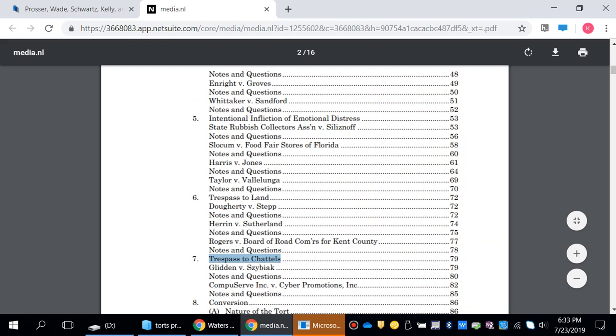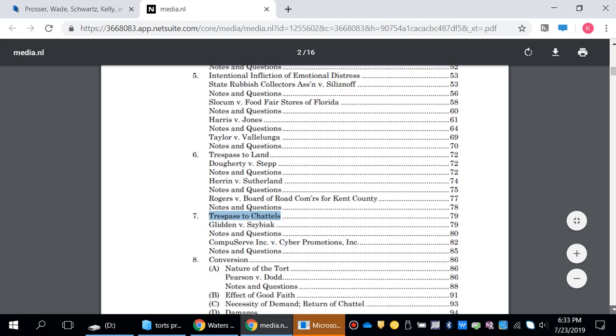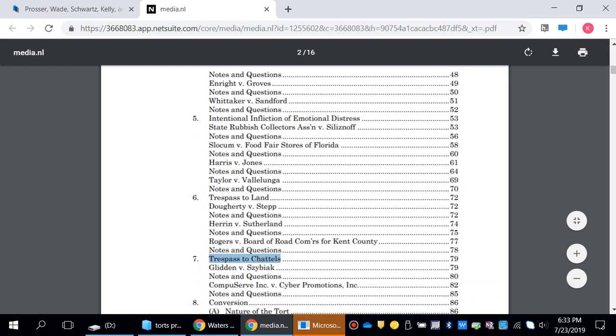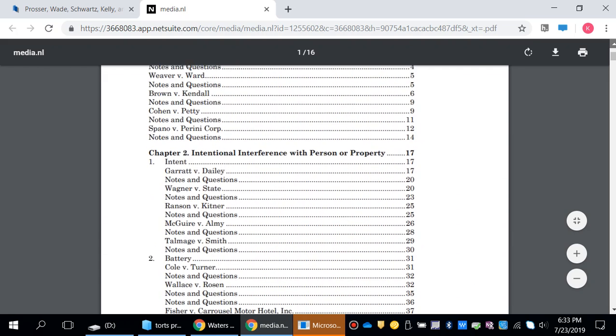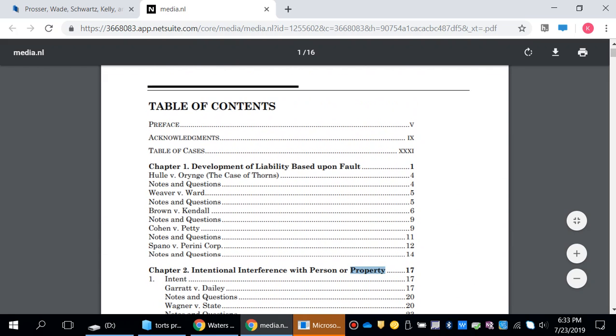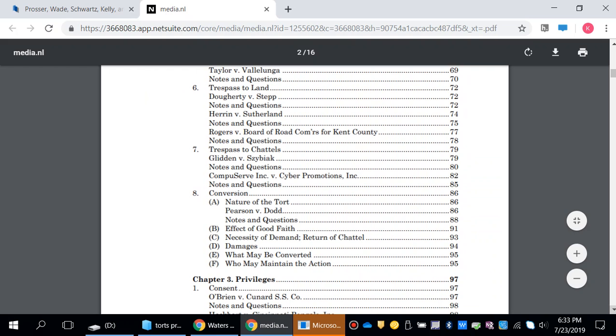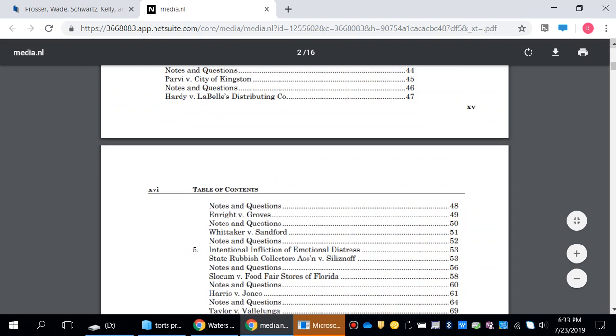Trespass to chattels requires some type of intent. And you notice as we move down here, these have to do with property. So when we look up at this topic up here, this property becomes the focus once we move to trespass to land, right here.